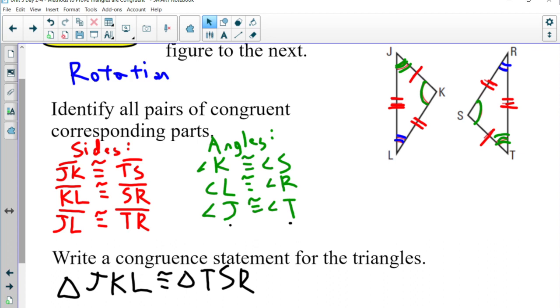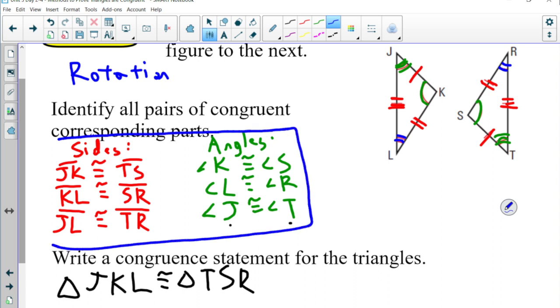Now, the power behind this statement is it shows me all 6 of these statements wrapped up into one statement. When you see that congruent statement here, it will tell me all of these different statements hidden in it. So for example, if I know angle K matches up with angle S, because K is the second letter, S is the second letter.